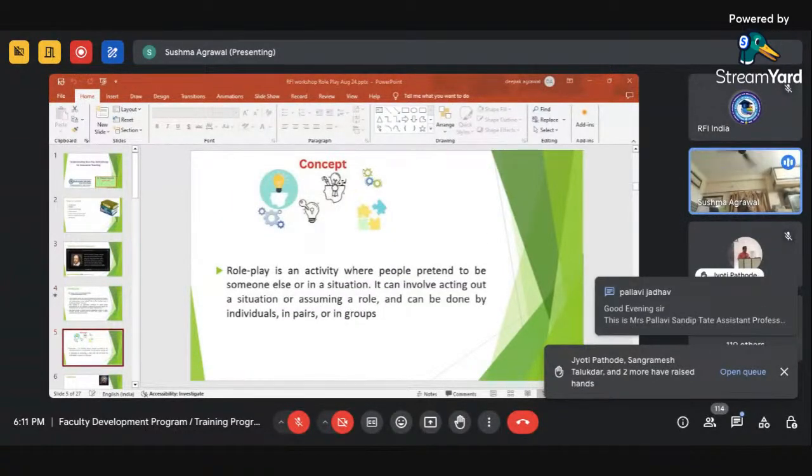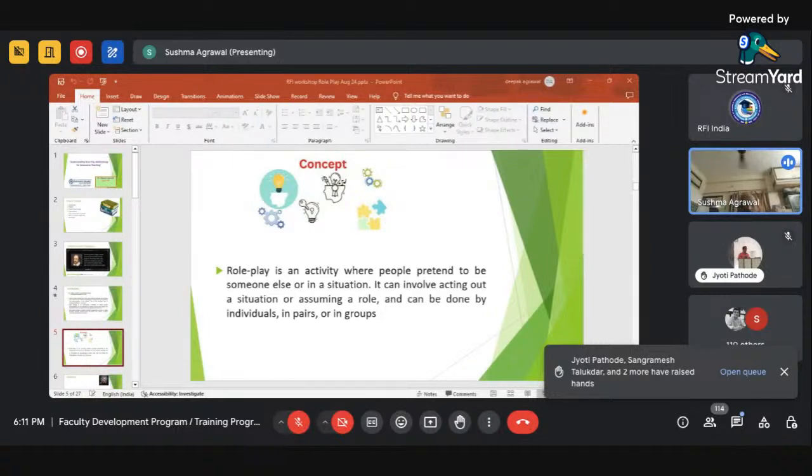As per the concept, it is an activity where people pretend to be someone else or in some situation. That situation may be realistic, futuristic, imaginative, or anything. It can involve acting out a situation or assuming a role and can be done by individuals, pairs, or groups.